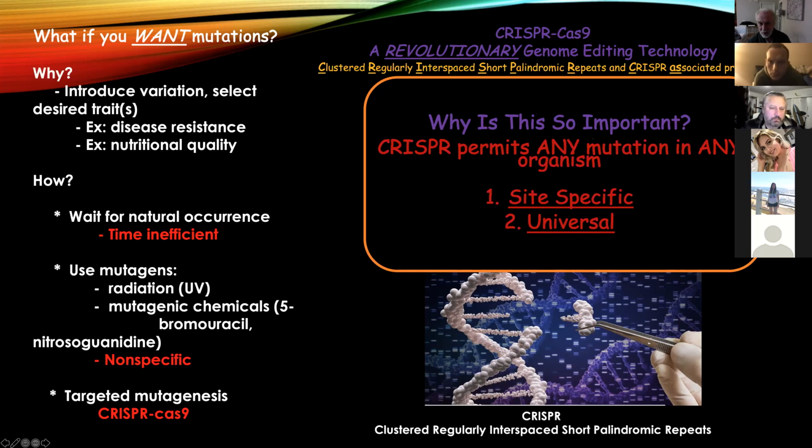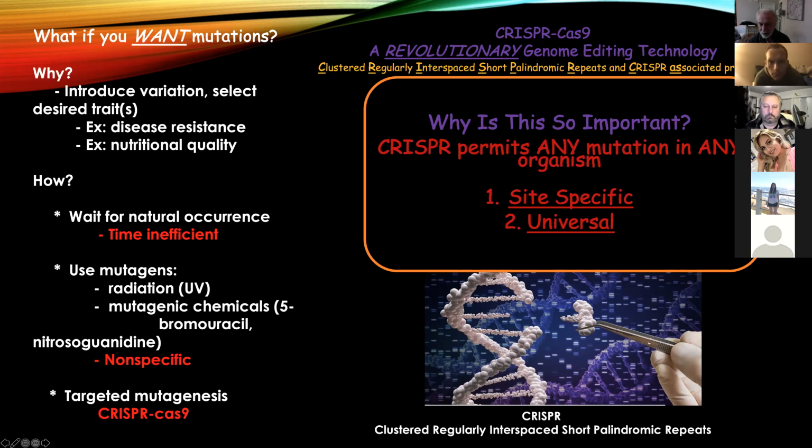Why is it so important? Because it permits any mutation. That means any gene in the genome, and you can induce it in any organism, from prokaryotes to eukaryotes. Any organism it's been tried in, it works. So here's what you remember.